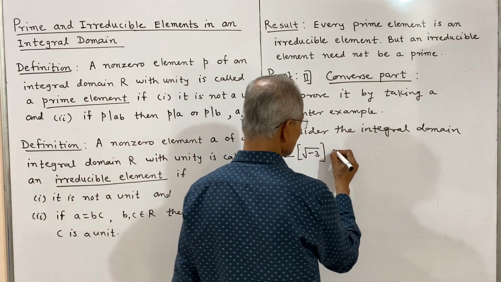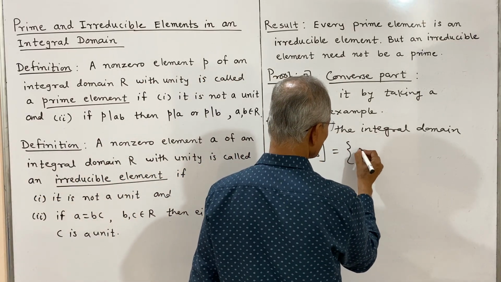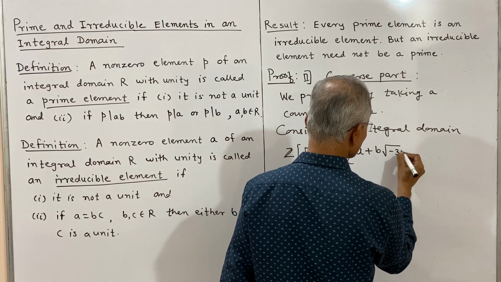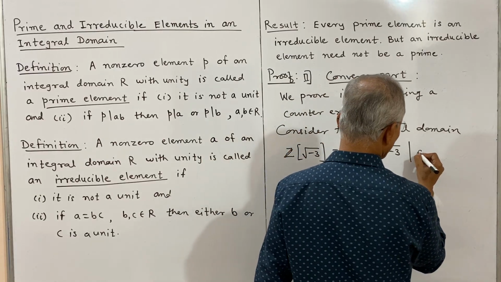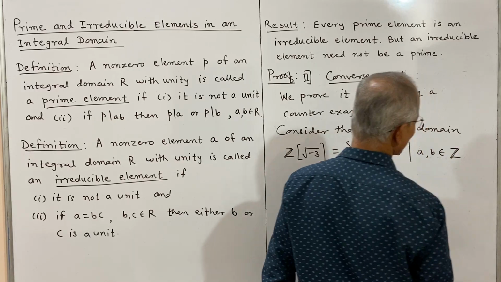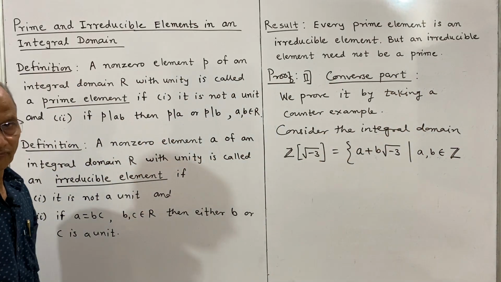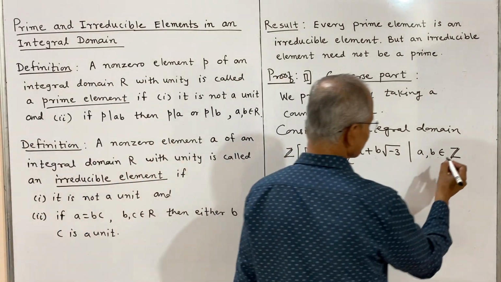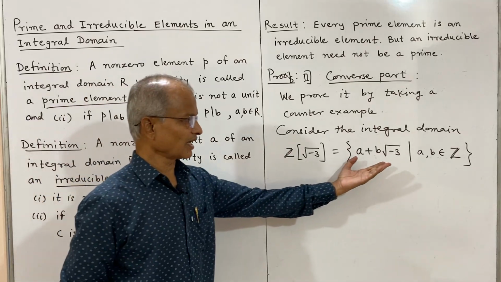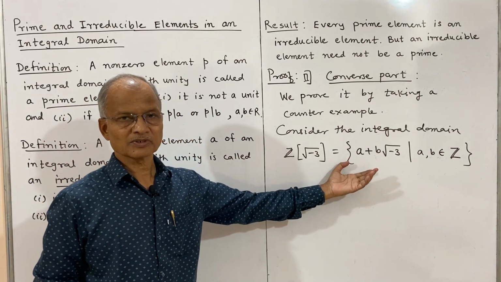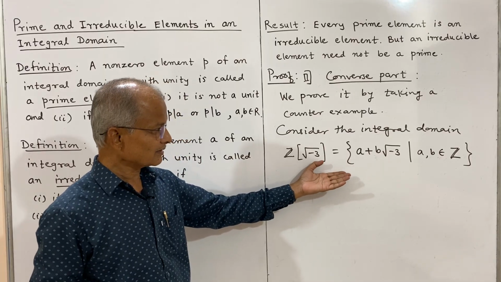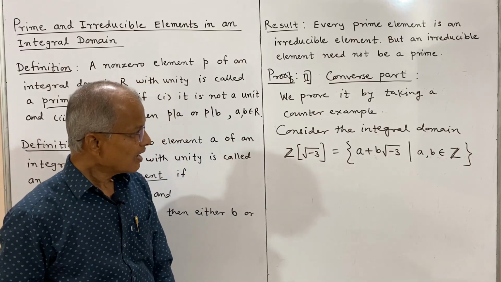The meaning of this is the elements of this type, a plus b under root minus 3, where a, b belong to Z, the set of integers. All the elements of this type form an integral domain. So we consider this as an example of an integral domain.